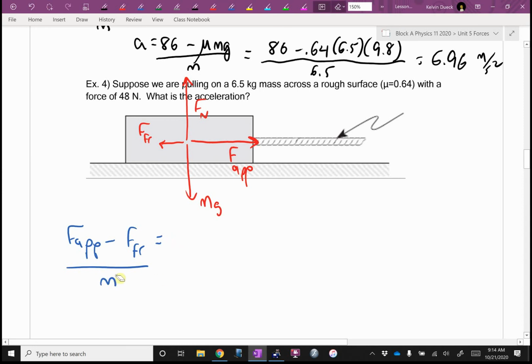By the way, look up. Don't write this down. As far as I'm concerned, I could also give you the mass and friction and ask you to get F applied by itself. How would you get F applied by itself? I would say, how hard do you need to pull? How would you move the friction over? Add it. Okay.